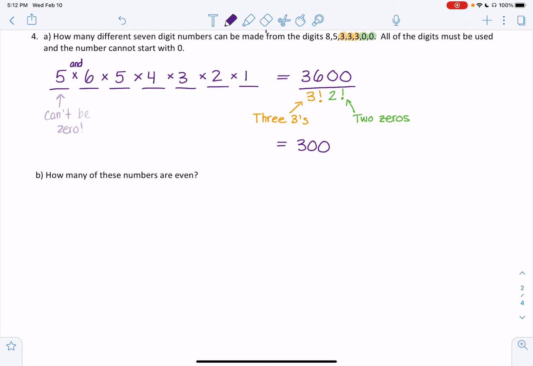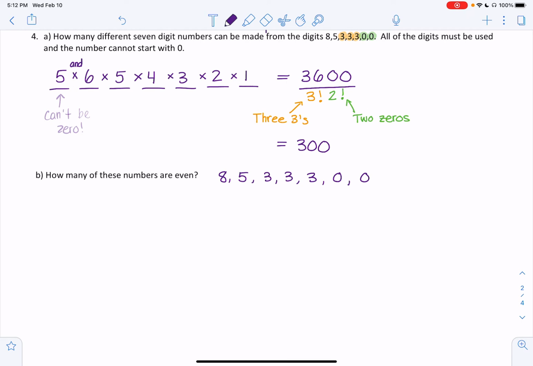So now let's up the difficulty level just a little bit more. Question B asks, how many of these numbers are even? Again, the numbers we're working with are 8, 5, 3, 3, 3, 0, and 0. In order for this number to be even, it can either end in a 0 or an 8.